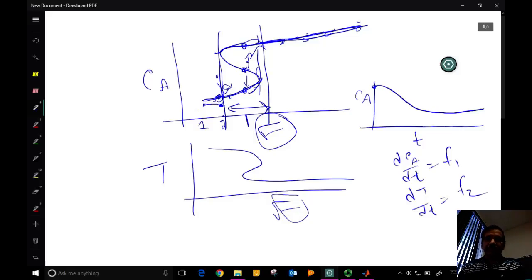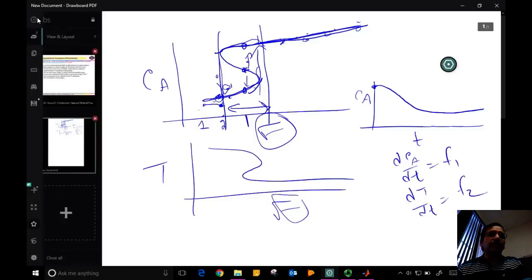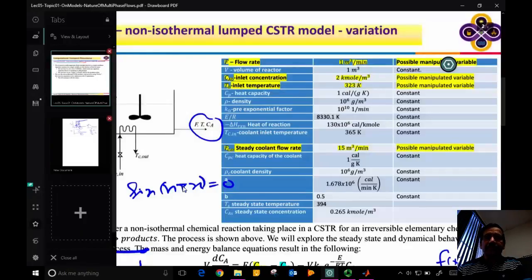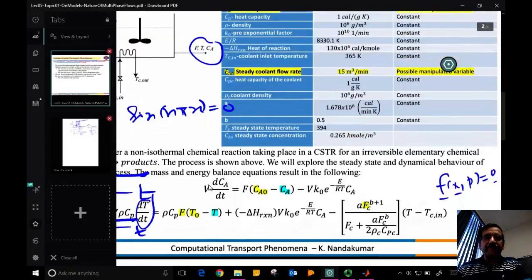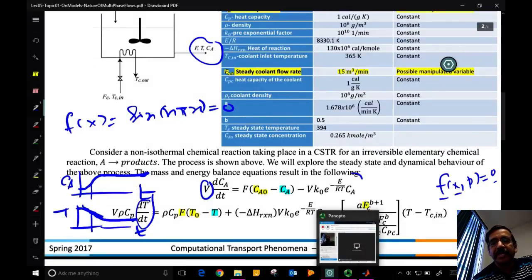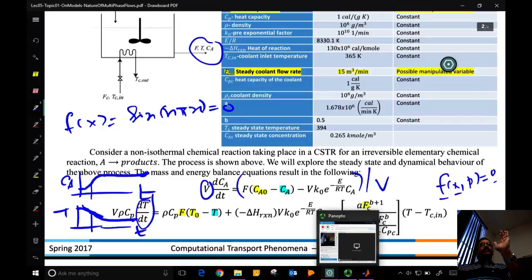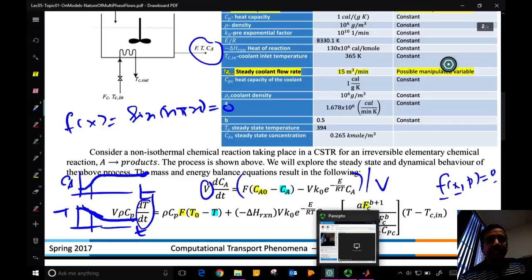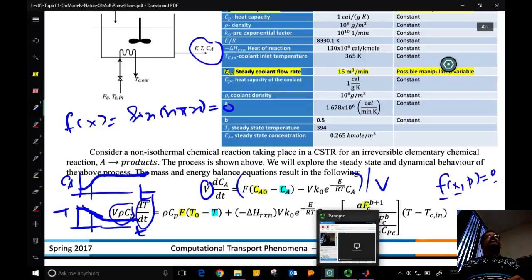If you look carefully in the way that I have constructed this, here I have V on the left side, right? But I have taken this to the right side and divided everything by V, so that I have only dCA/dt equals that function. Okay? And I've done the same thing in the second one. Now for the fsolve problem, it doesn't matter, because you can just multiply it out and set it to 0.